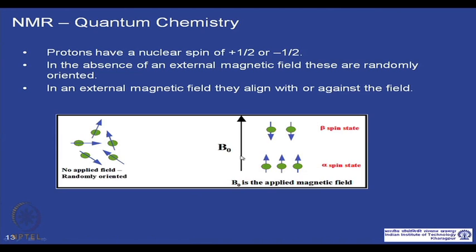So, in the presence of an external magnetic field, the nuclei can have two different energy states, and if we apply nuclear magnetic radiation whose energy is in this gap, then some of the nuclei from the lower energy level can move to the higher energy level by absorbing the radiation.